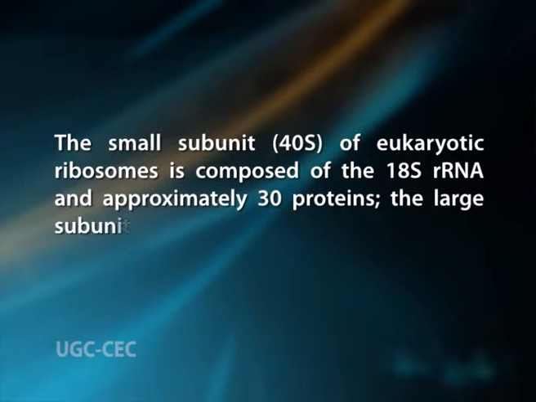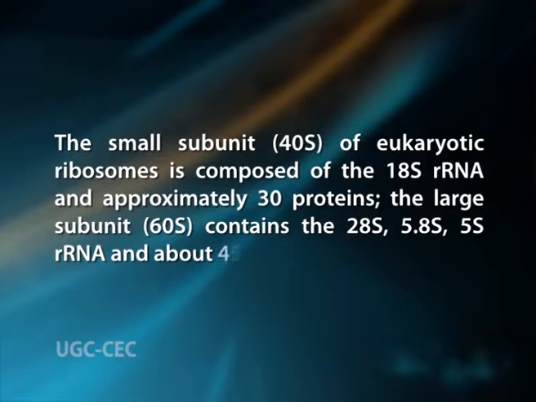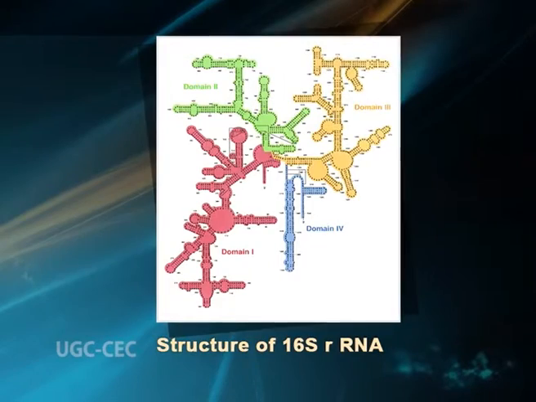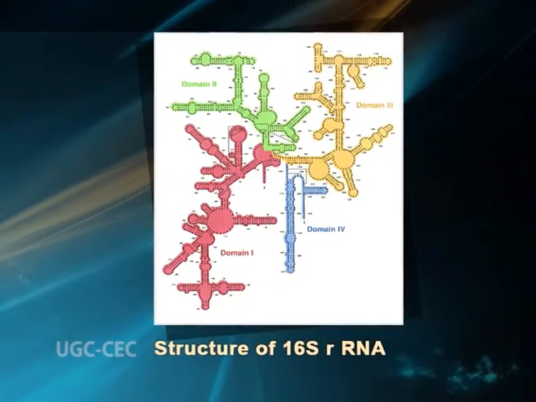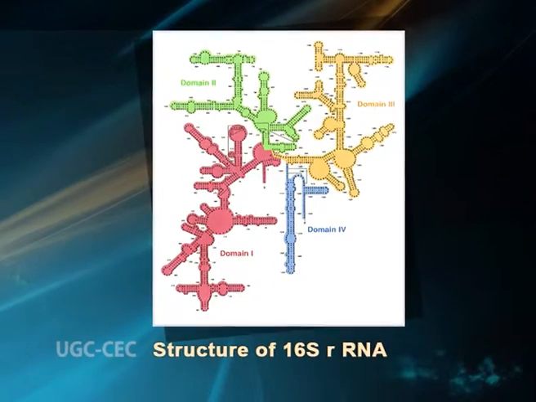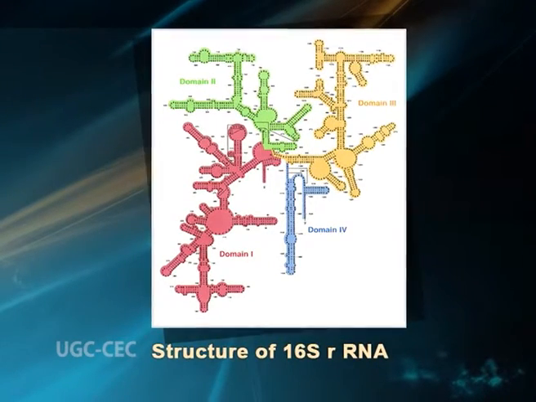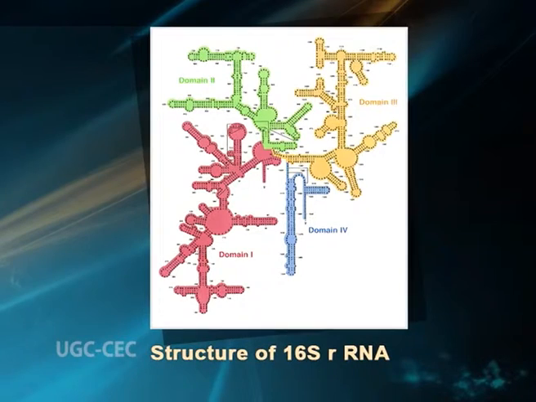The large subunit, 60S, contains the 28S, 5.8S, and 5S rRNAs and about 45 proteins. Like tRNAs, rRNAs form characteristic secondary structures by complementary base pairing. In association with ribosomal proteins, the rRNAs fold further into distinct three-dimensional structures.